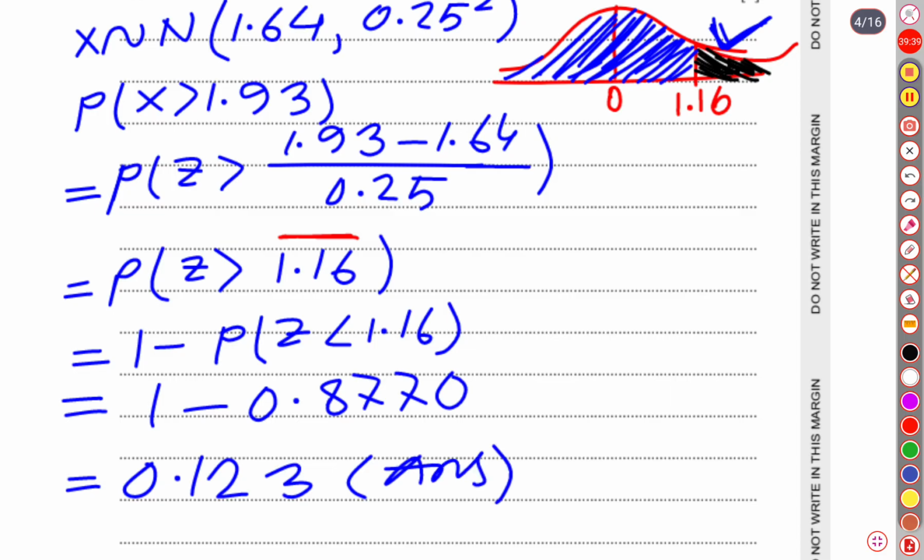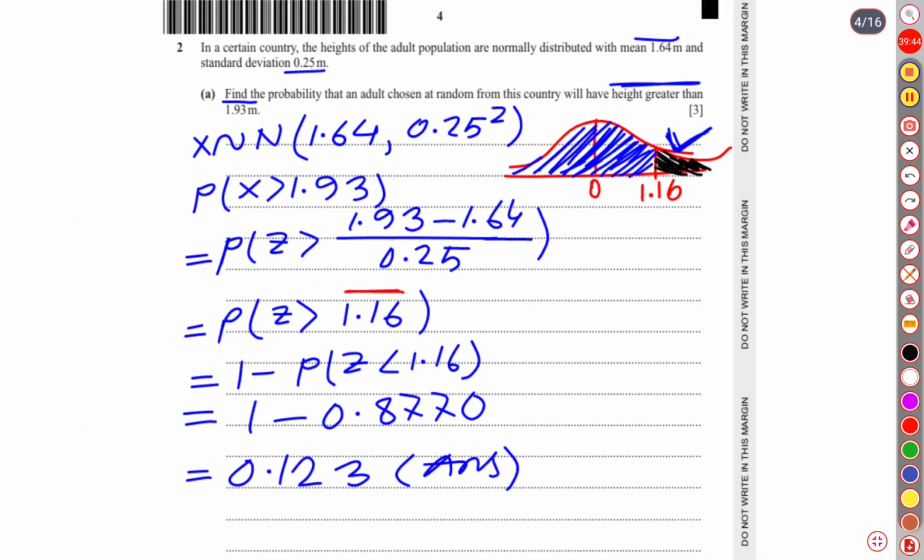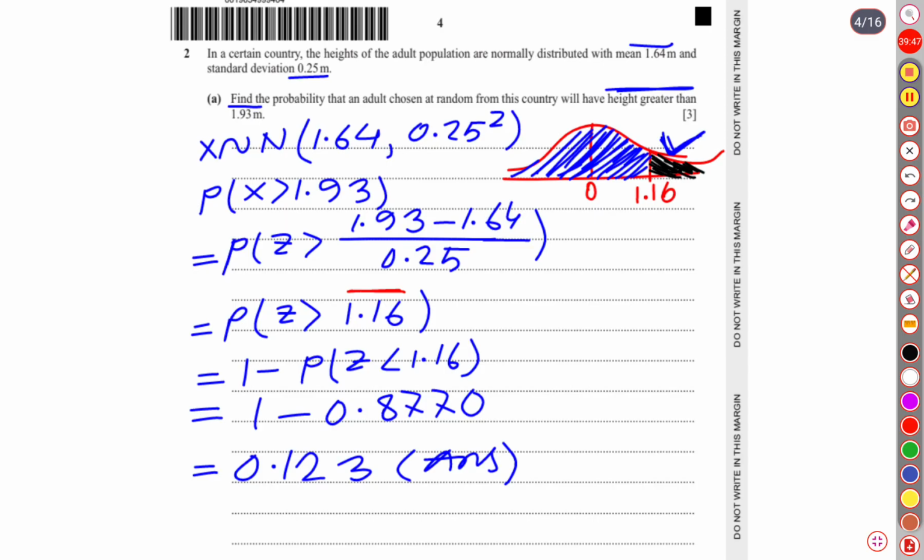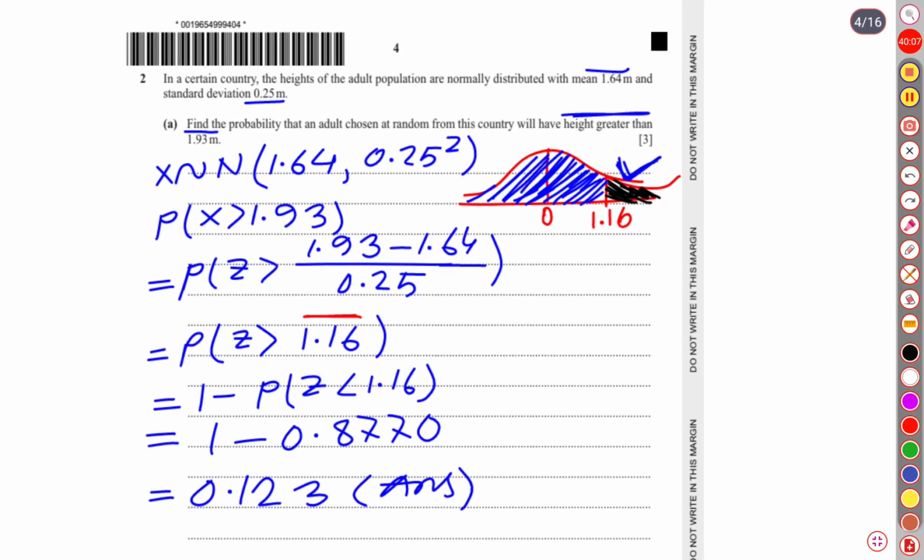Now I am going to show you how to find this probability using the probability distribution table. You may ask why we should undergo such complication if the calculator shows it, but I find using this table comfortable, and many students also feel so. That's why I'm going to show you how to do this. We should not forget our z score is 1.16.